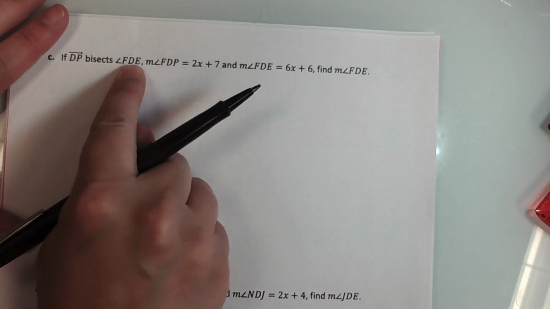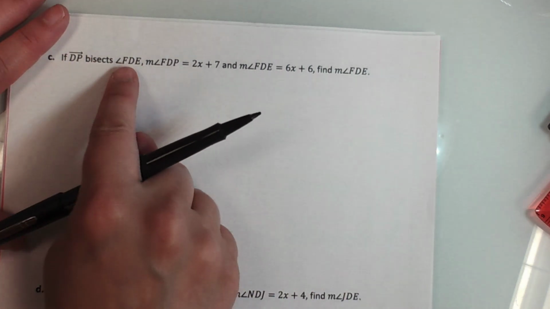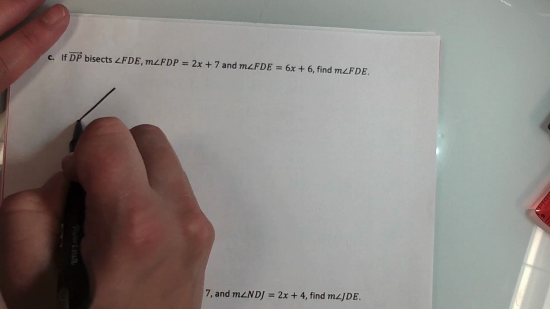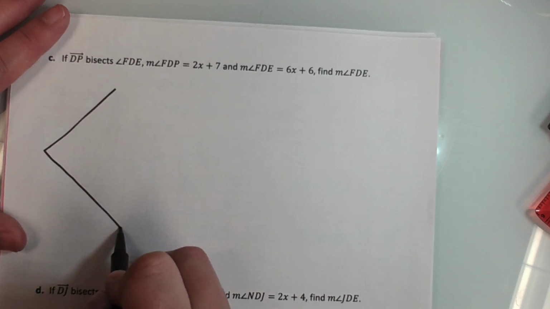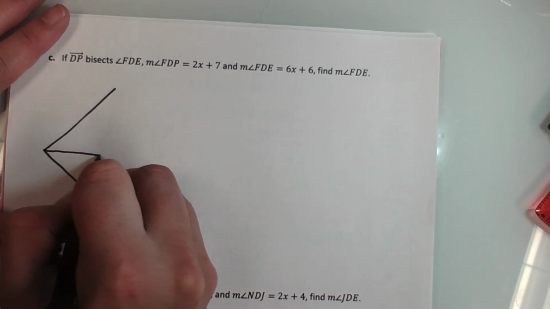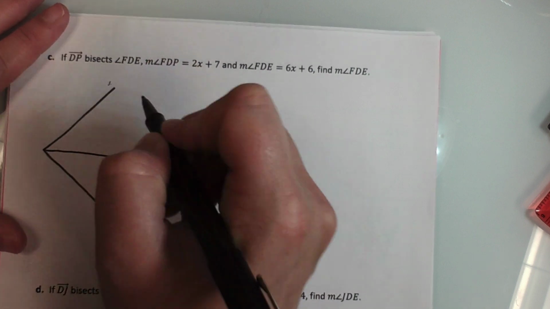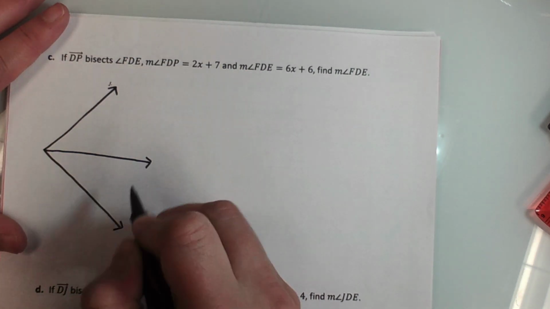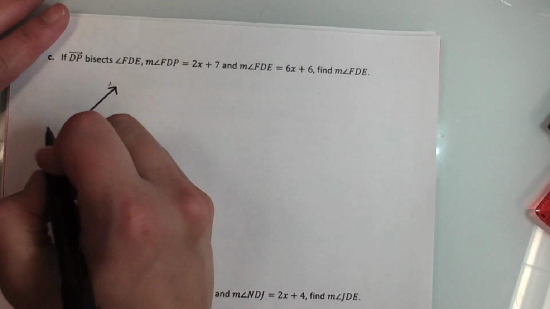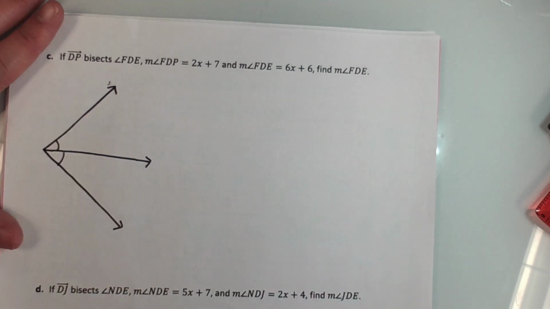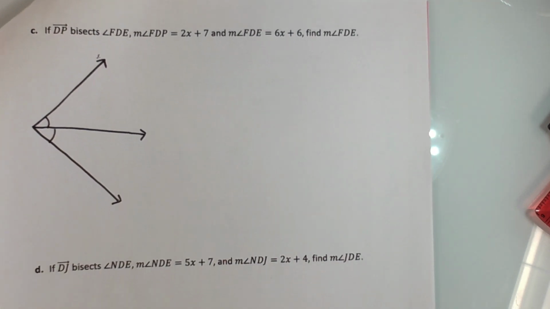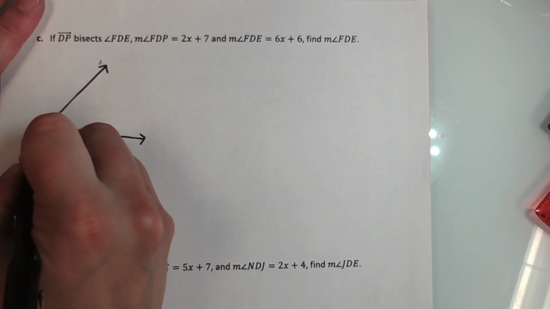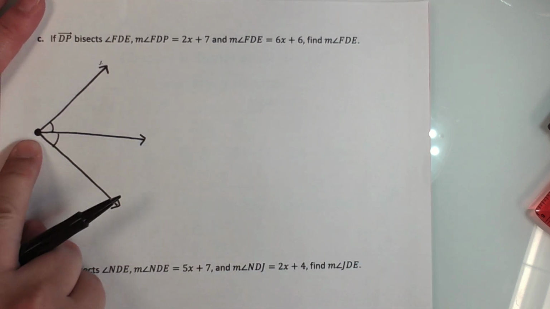DP bisects FDE. The moment I see those words, I see it's an angle bisector. I draw an angle. I draw a bisector. I know it's a bisector because these 2 things are congruent. What letter goes here?